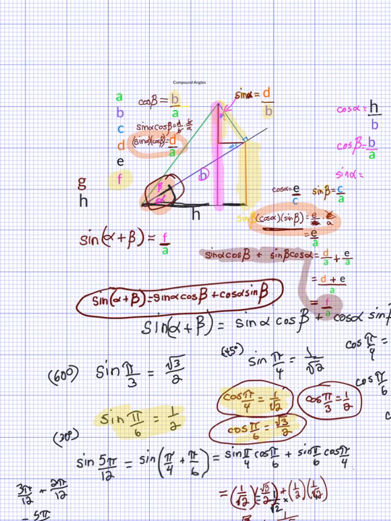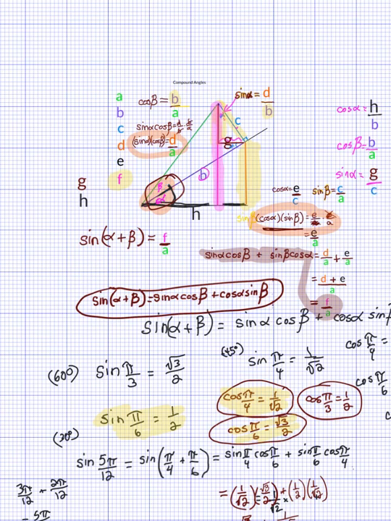So sine of alpha is this brown line, which we called G, opposite over the hypotenuse, which is this blue line, C. And so it's G over C.